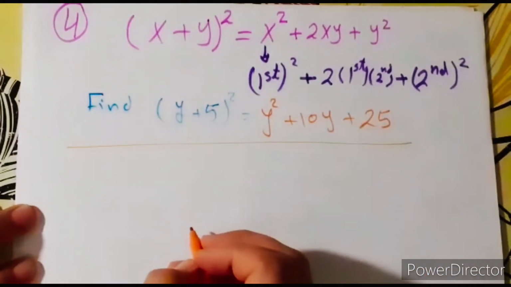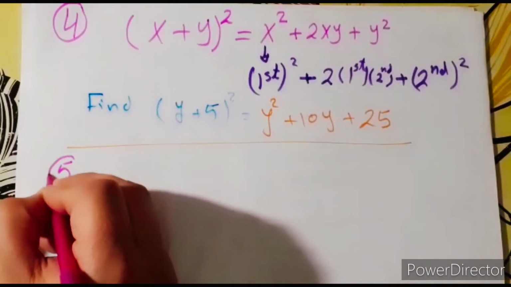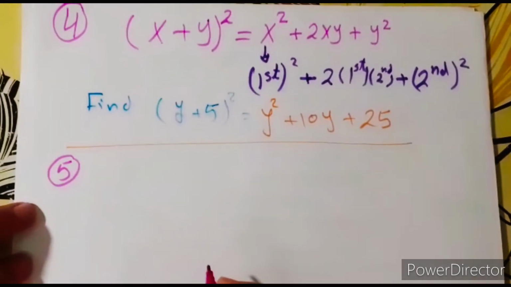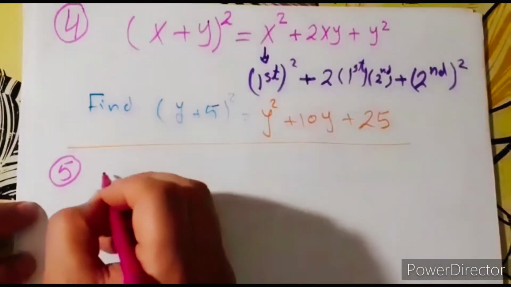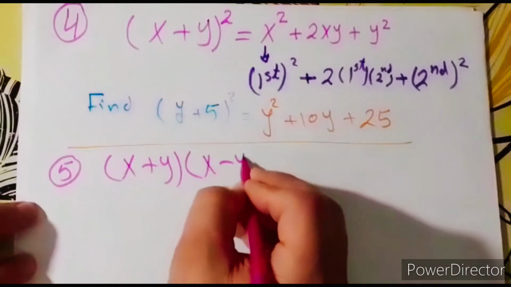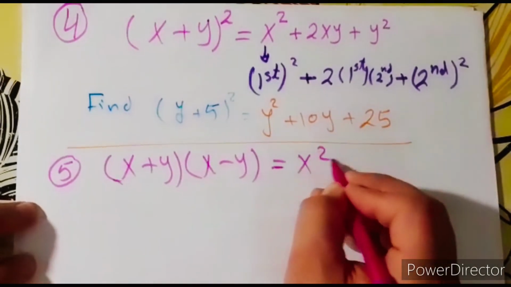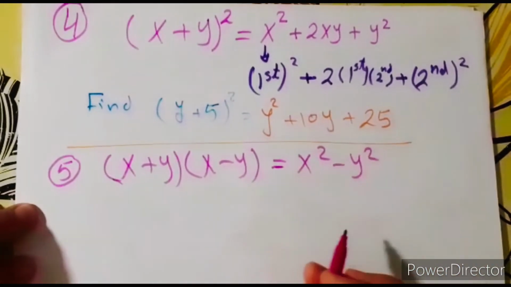now let's go to the fifth rule, number 5, the conjugate numbers. x plus y times x minus y equals x power 2 minus y power 2. Why?